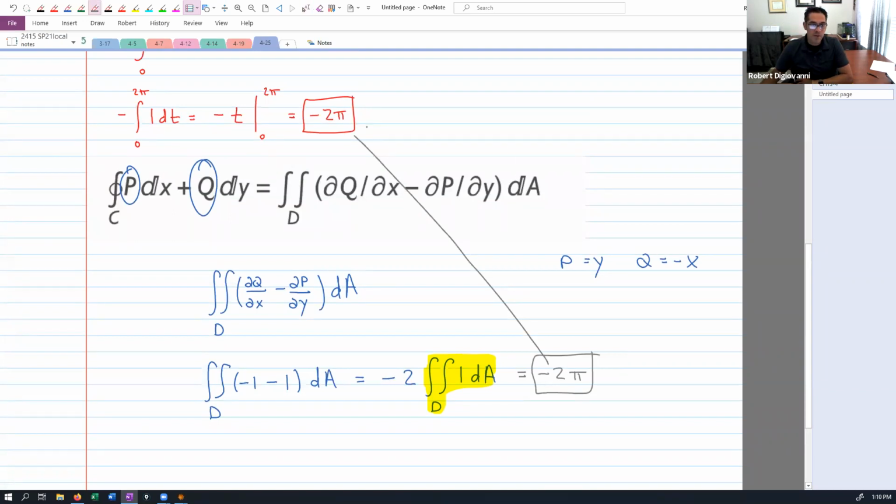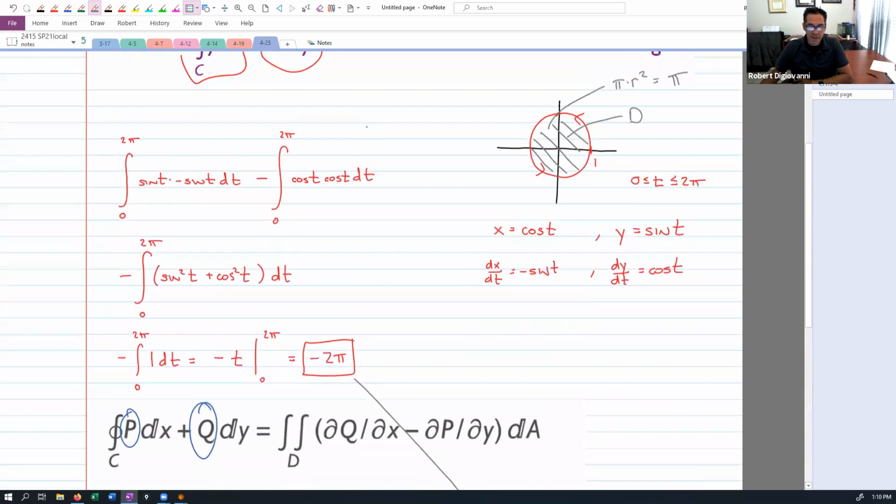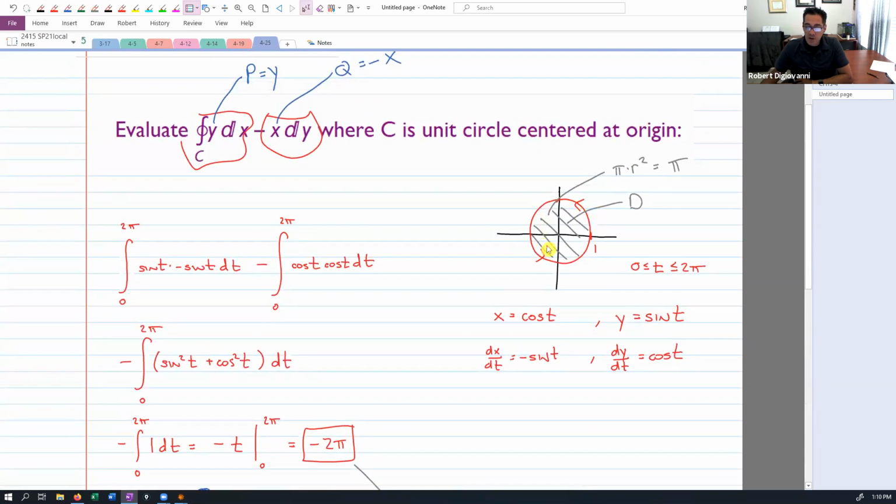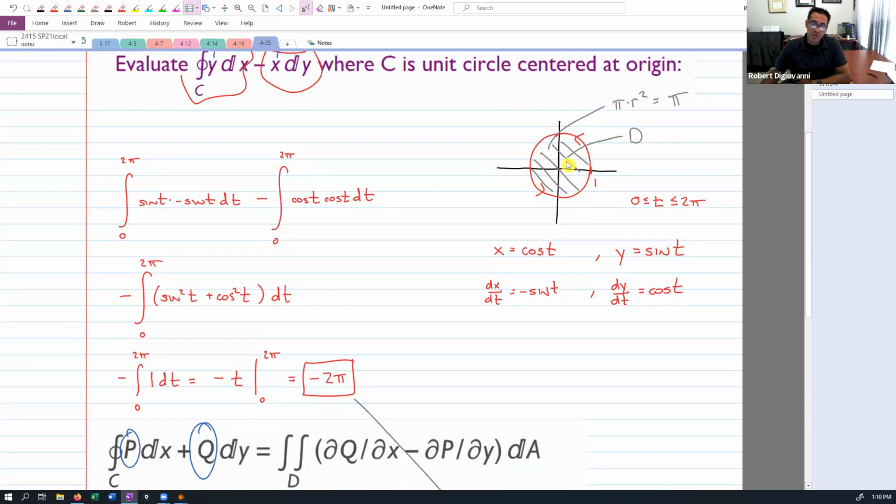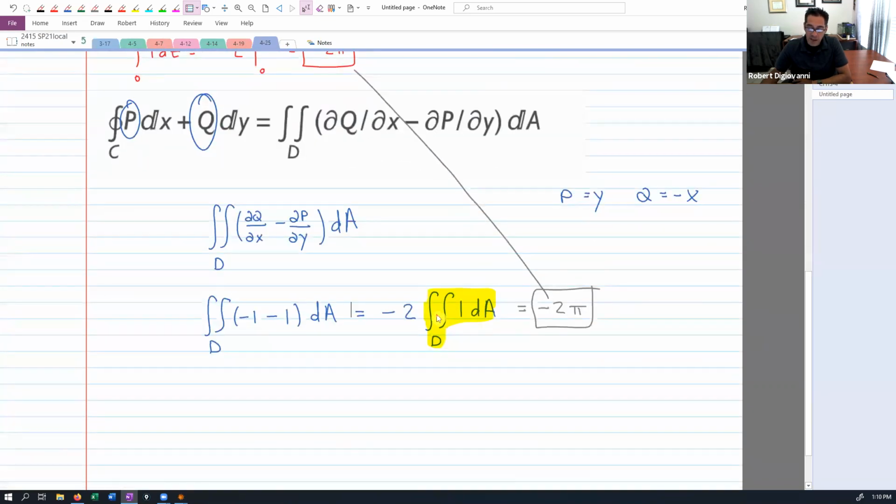What do you think? That's pretty cool, right? You must have a closed curve positively oriented. It must enclose a region D. Now we got lucky because the region D was a circle and our integral at the end was the double integral of 1 dA, which meant the area of the circle.